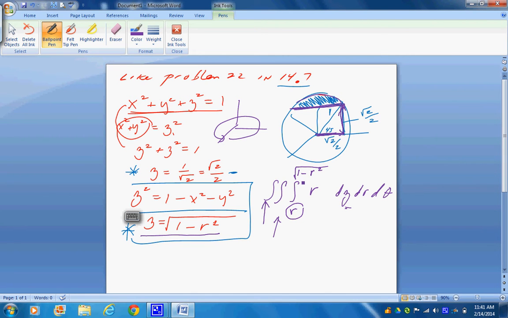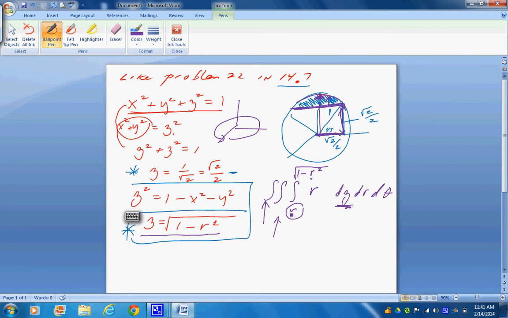And let me just check something. When r is equal to 0, I get 1 minus 0 squared, or 1. So that does, in fact, give me the z that I'm interested in at this point.